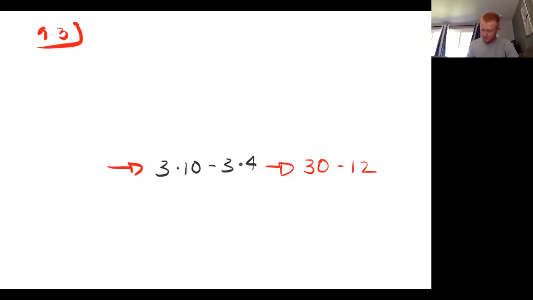If you can see in our parentheses, we're going to have subtraction. And then I can see that we're multiplying 3 in, leaving us with 10 and 4.